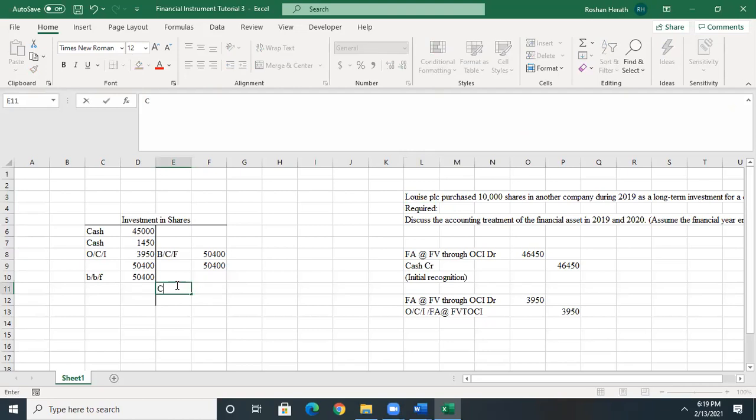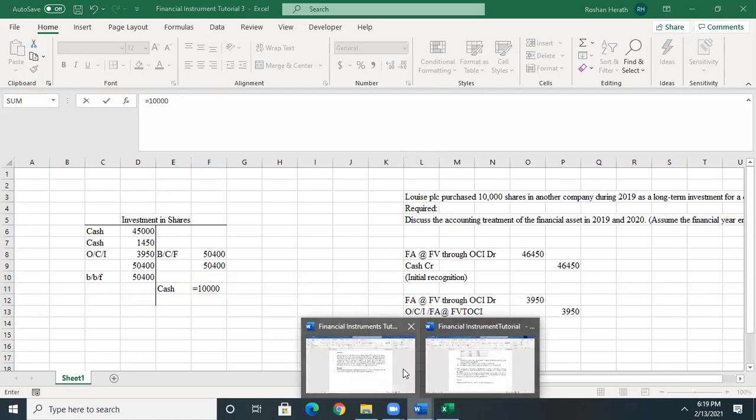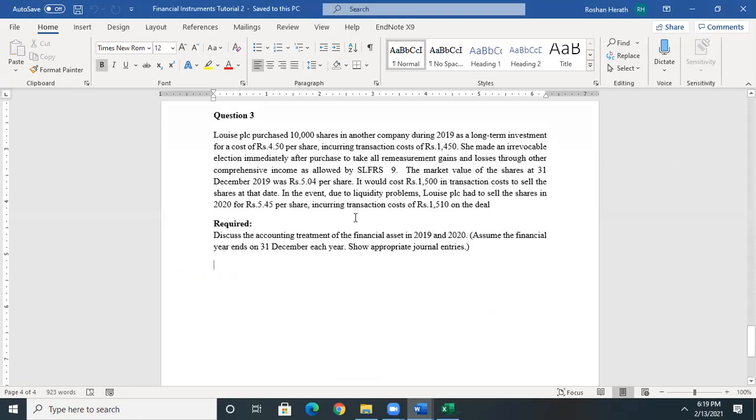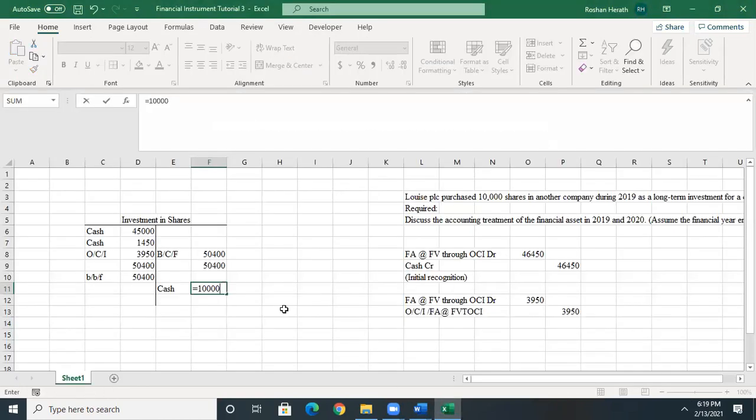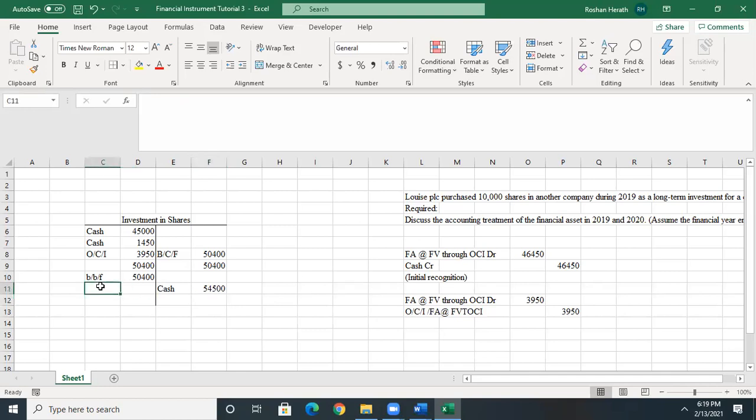So let me take the things separately. Therefore the cash: we are selling 10,000 shares at rupees how much? 5.45. So this is the cash that you get, the proceeds. At the same time, you incur the transaction cost, and it's a kind of outflow, 1,510. So you can consider that.